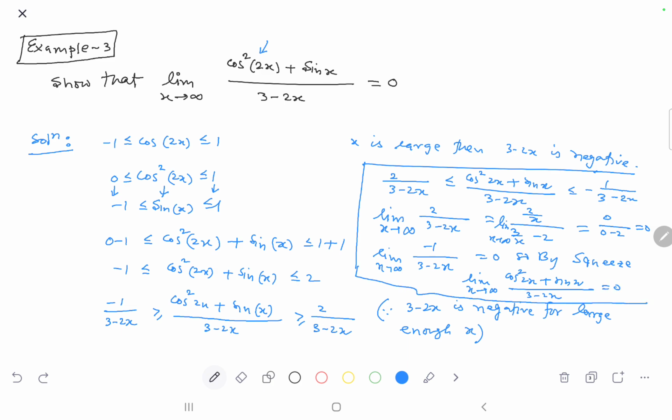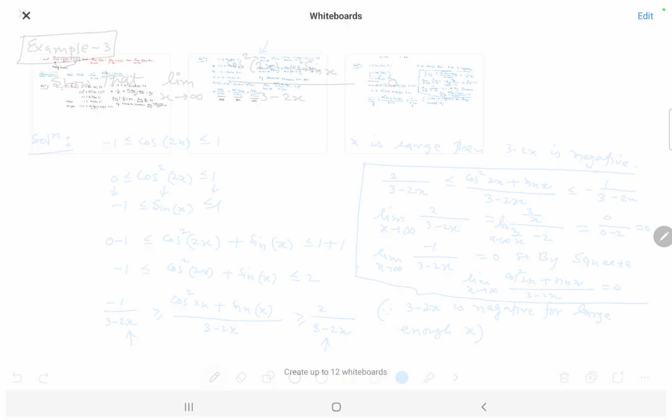Got it? Yeah, because you're on both sides. What happens if there are two different numbers on both sides? Different numbers mean you get two different limits, right? Then the squeeze theorem does not work.